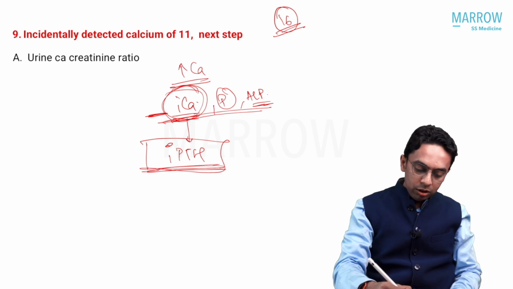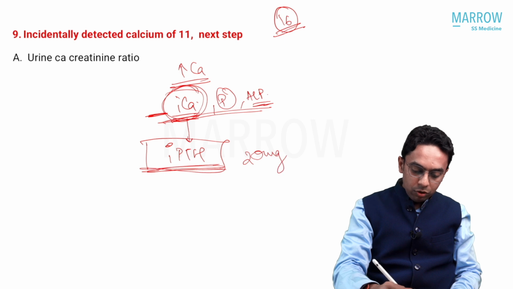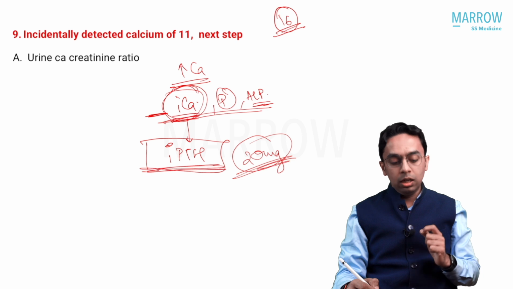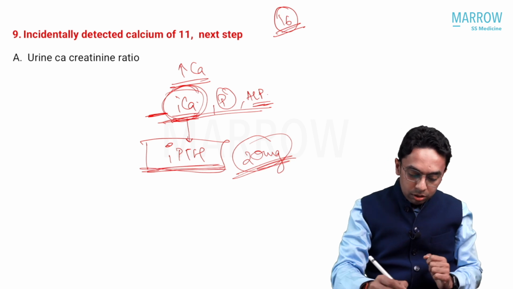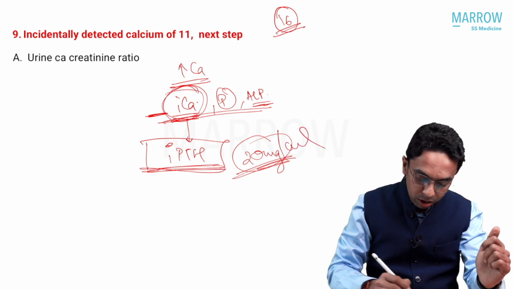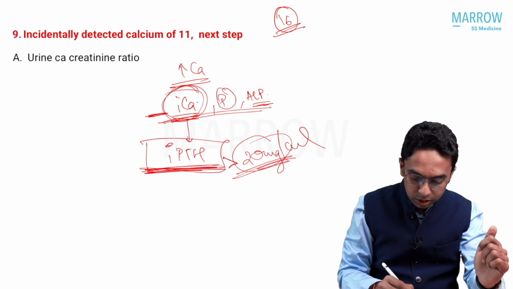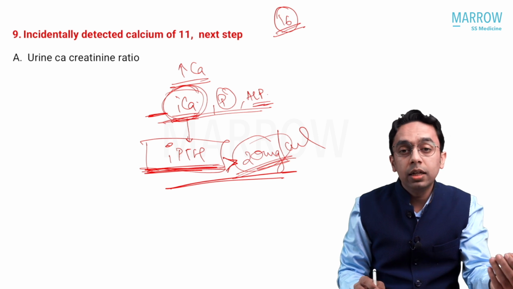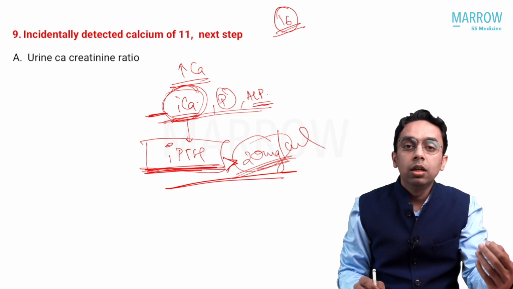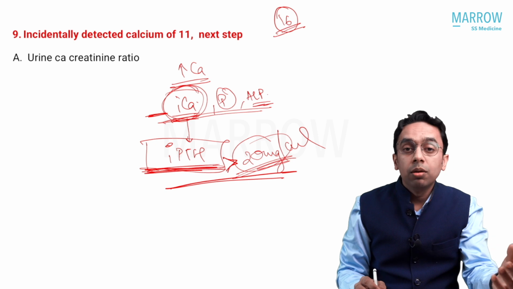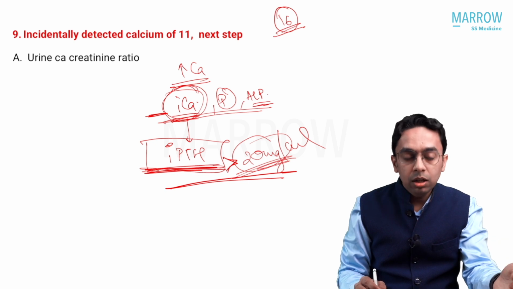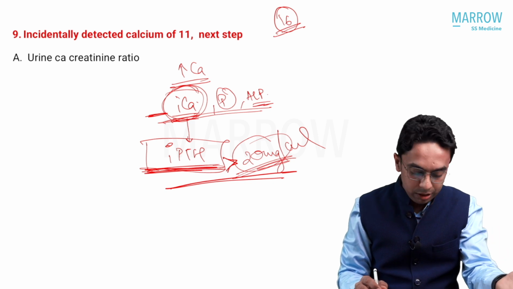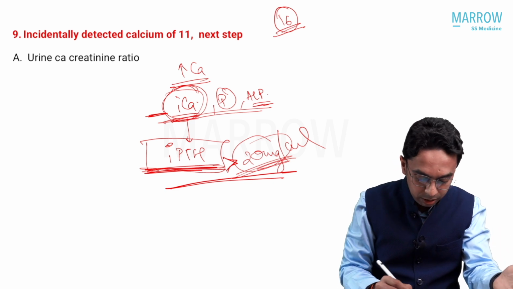The cutoff is 20 in intact PTH. If it is more than this, then most likely it is PHPT, primary hyperparathyroidism, most probably an adenoma, or it can be lithium induced, or it can be FHH. We'll be discussing more about that later in the MCQs.